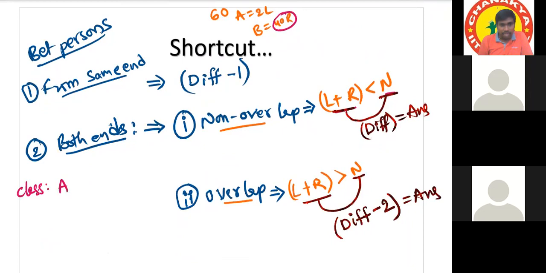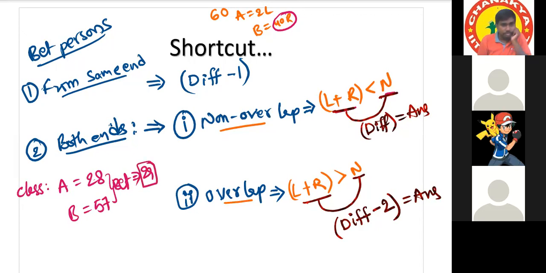In a class, the rank of A is 28 and that of B is 57. How many are there between them? Tell me. Sir, 29 people? Is it correct?